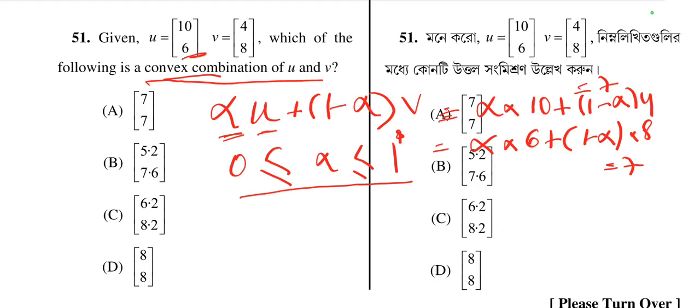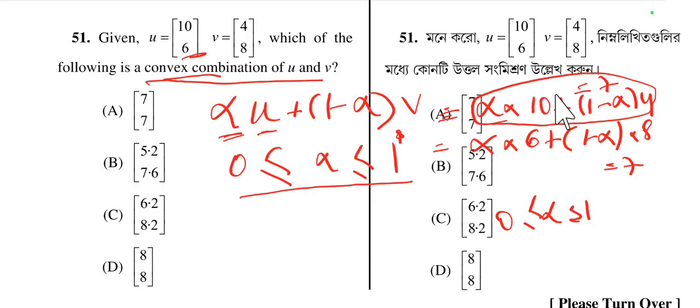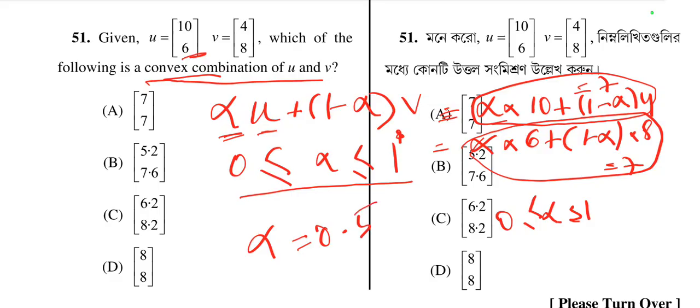Since alpha ranges from 0 to 1, by solving 10 alpha plus (1 minus alpha) into 4 equal to 7, from the first and second equations we get alpha equal to 0.5.